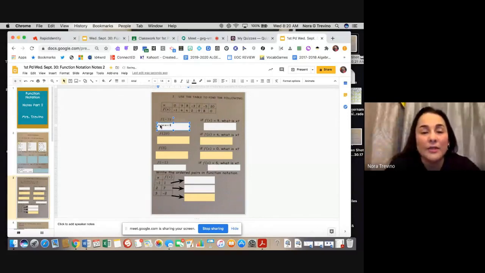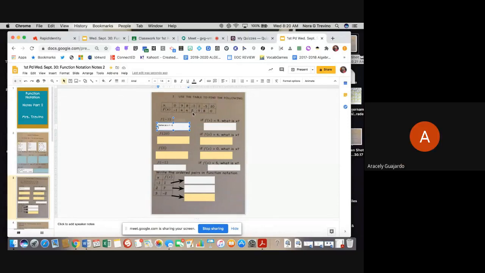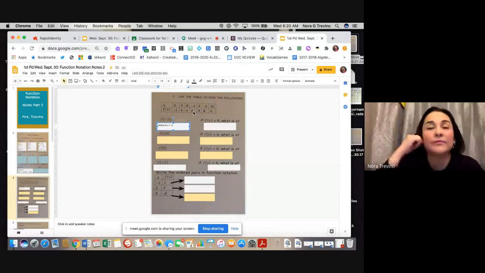That's what it's telling you. So all it's telling you to do is go to the table and find x equals -3. There it is. Who's the partner? Who's the y value for it? 2. So that's it. f of -3 equals 2. We know that because from the table, the ordered pair is -3, 2.